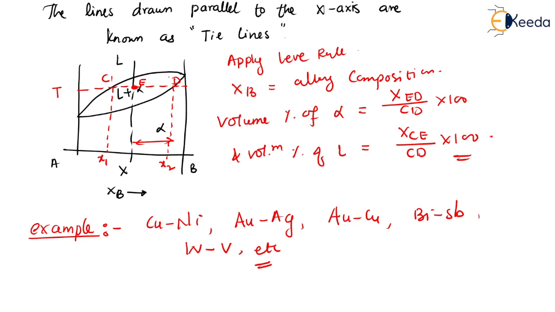So dear students, this is about the isomorphous phase diagrams. The components have the same morphology, and they are completely miscible in both the solid and liquid in all proportions. So this type of system is known as the isomorphous phase diagram, dear students.